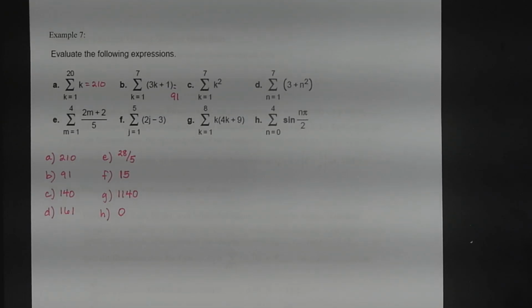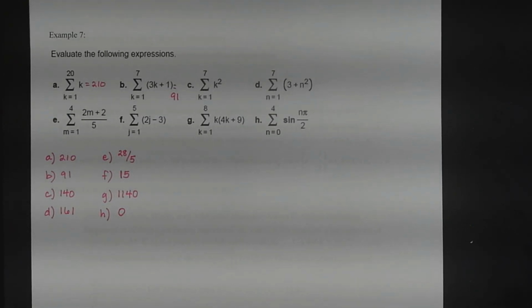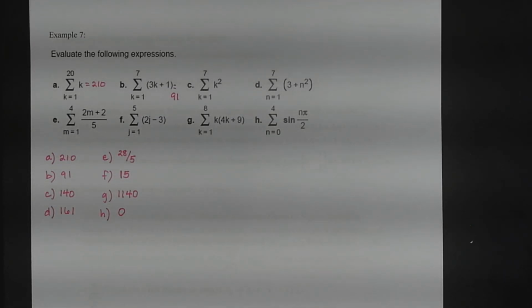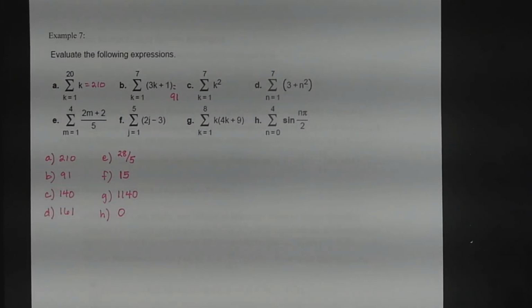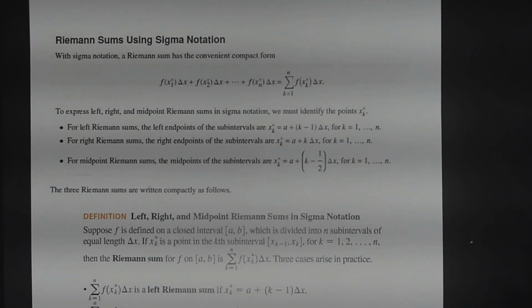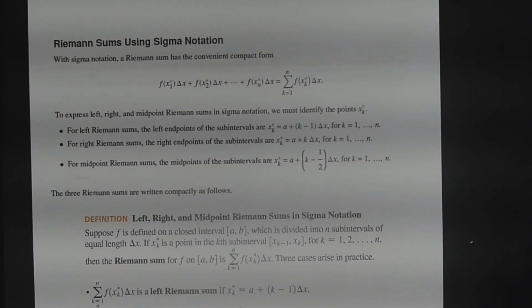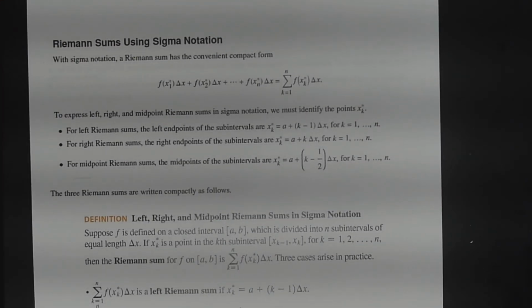All right, so that's how we use the graphing calculator, the TI-84 Plus calculator, to do summations. Because we're going to be using that when we're dealing with Riemann sums and sigma notation.